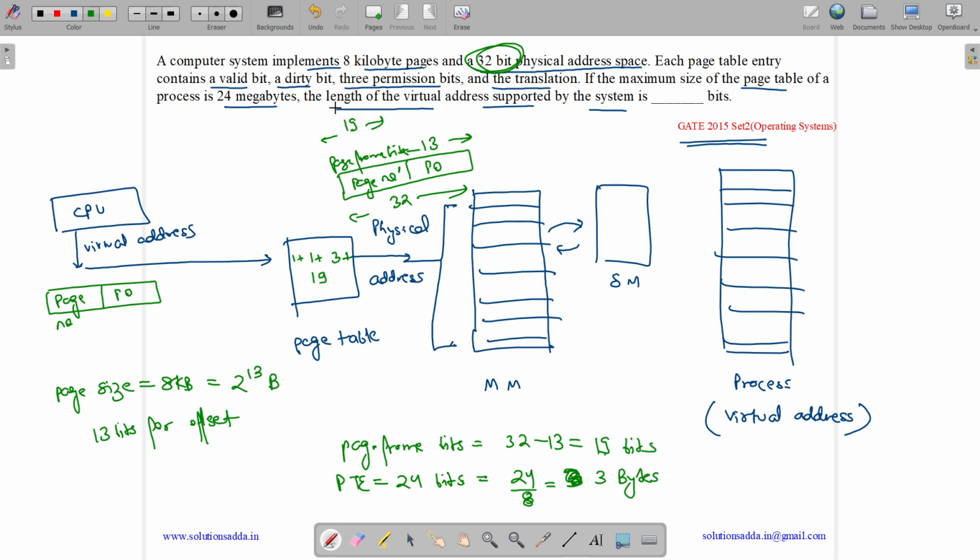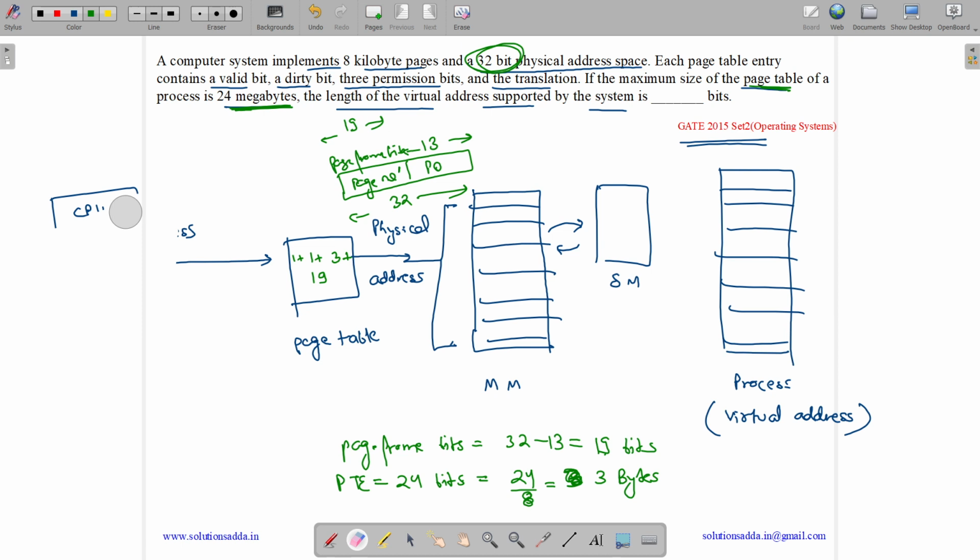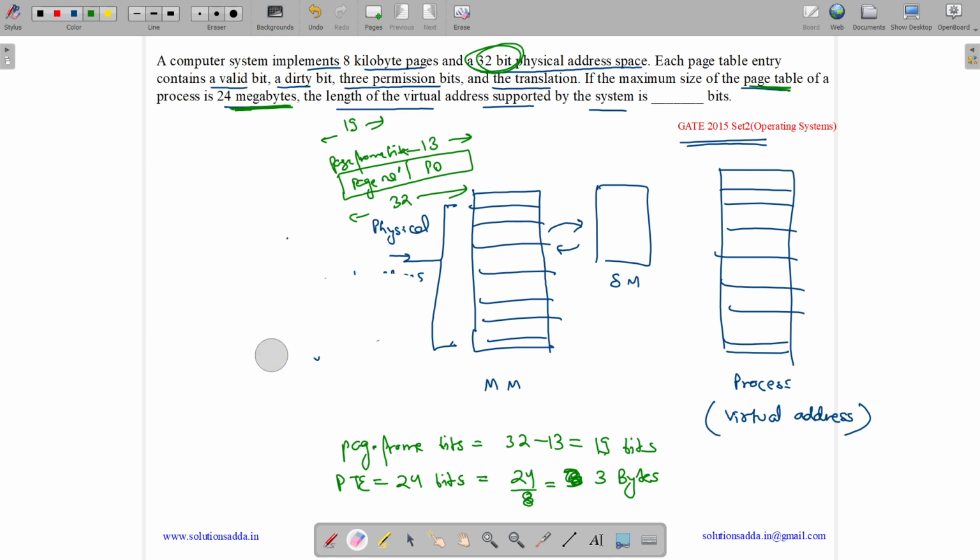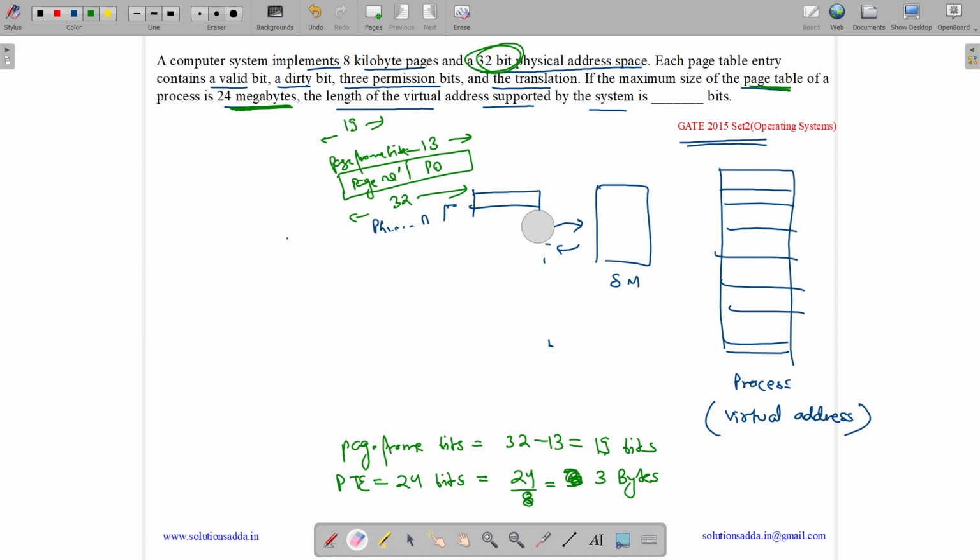Now it is given that the maximum page table size of a process is 24 megabytes. So we have a page table of size 24 megabyte maximum, and each entry is of size 3 bytes.